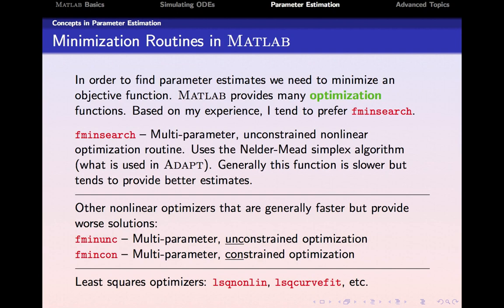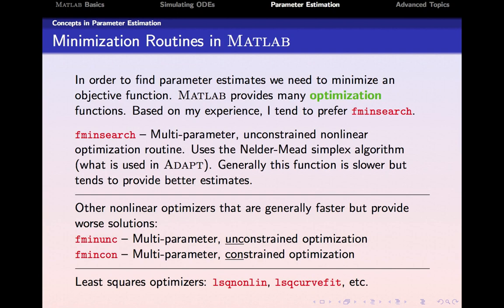And because the computer's time isn't really that expensive to me, I tend to just let the computer go crazy and try as hard as it can. And then I come back and I look at the results. The others that I've listed here are fminunc, which is a multi-parameter unconstrained optimization, and fmincon, which is a multi-parameter constrained optimization. They're generally faster, but they tend to provide poor results.